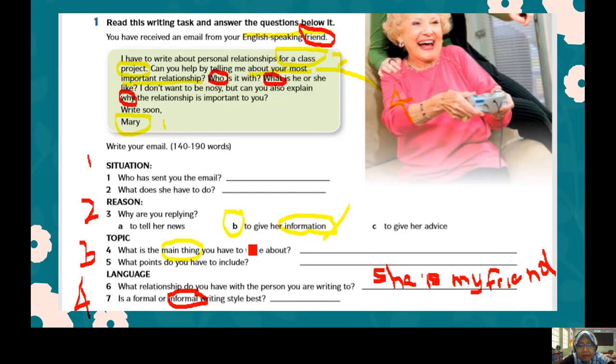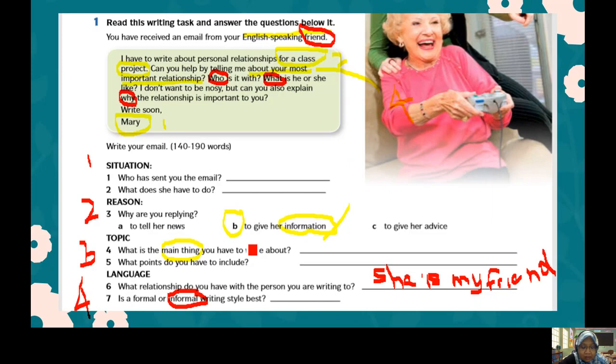Remember, in the previous lesson, I asked you to list down the important famous person or important person that you admire. So it can be your friends, your siblings, your relatives. So you have to choose one person. What is the relationship with you?